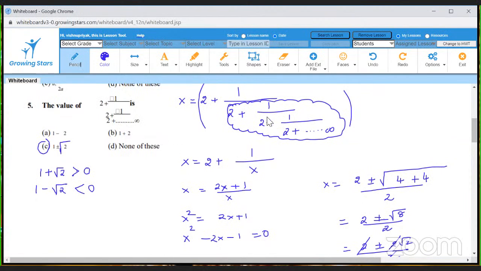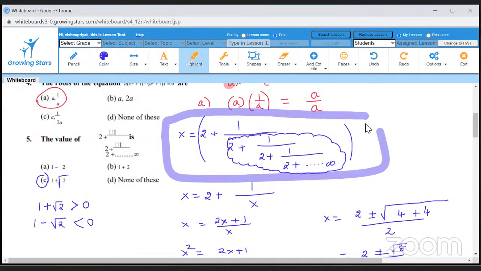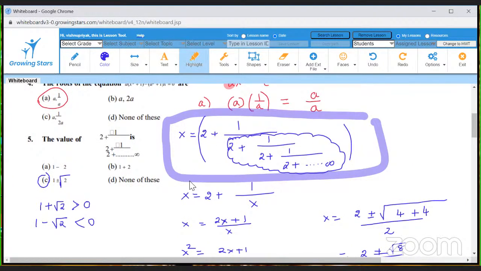But if you see the question, look at the question which I have rewritten here. There is no scope of getting a negative answer because you don't have even a minus here anywhere. Everywhere plus, plus, plus. That means 1 minus square root of 2 will not be the answer.